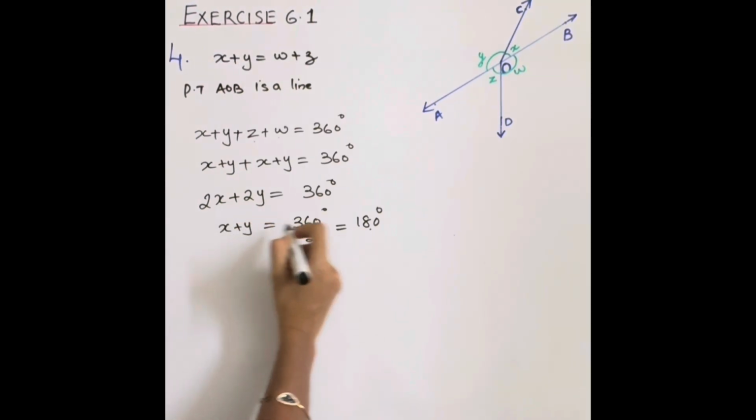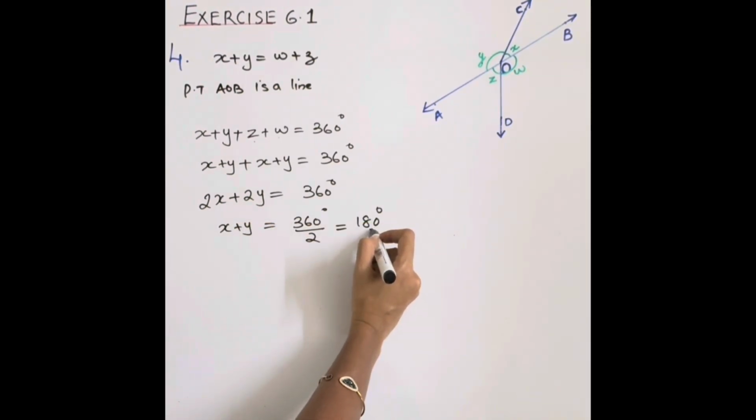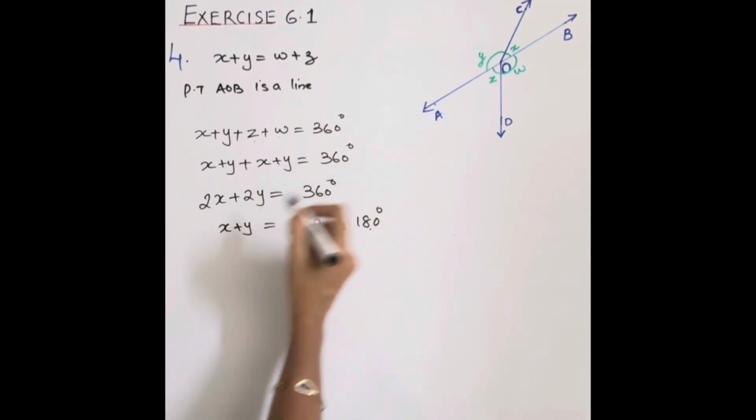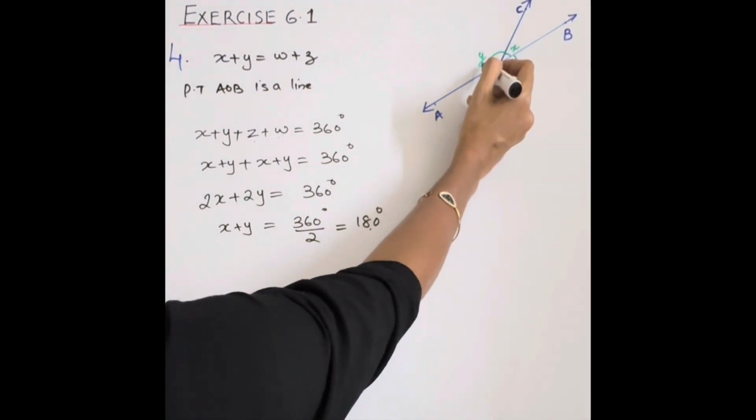So it's been given x plus y is equal to 180 degree. And we know that the sum of these angles is 180 degree.